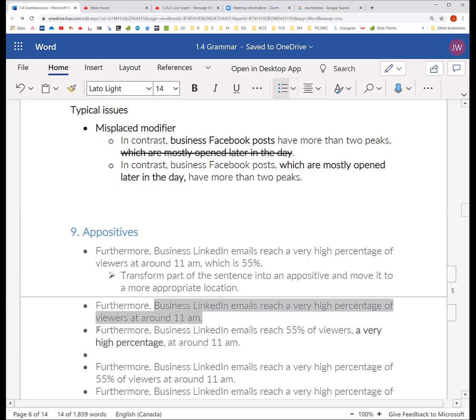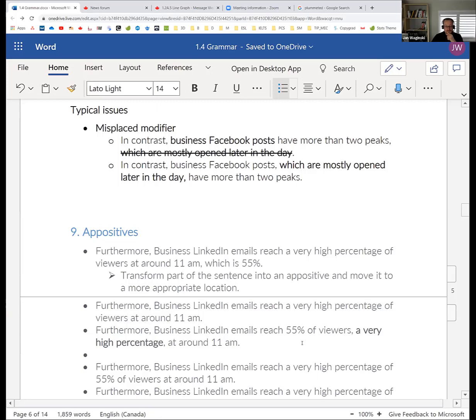Viewers. Yeah. So an appositive, in terms of where it goes, is just like a relative clause. It's a bound modifier, and it needs to come directly after the thing it refers to.